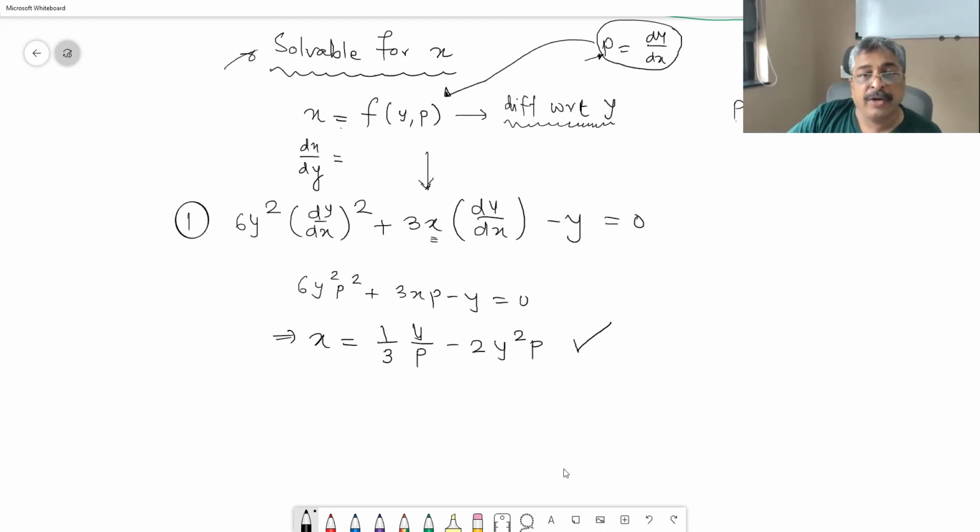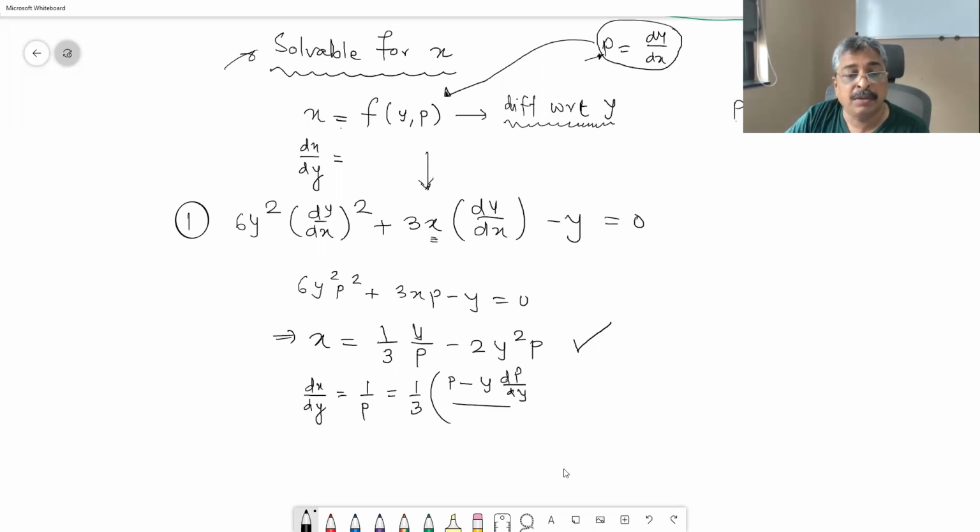So now we have decided to differentiate with respect to y. So dx by dy, which is equal to 1 upon p, is equal to 1/3 into p into the derivative of y with respect to y, which is 1, minus y into dp by dy, upon p square.